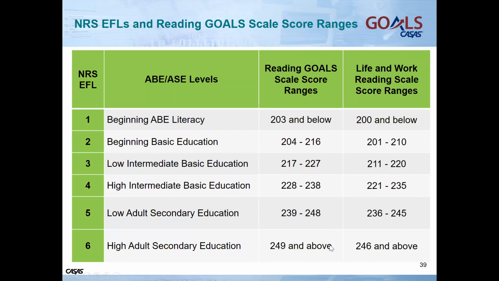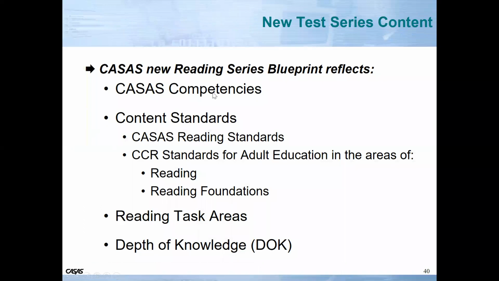So you can see there are differences. Again, we had a similar cut score study, with different people, for this reading test, and these were the results. Questions? All right. So like the math goals, we have CASAS competencies as the context, but we focus really on the content standards, and that's the CCR standards.